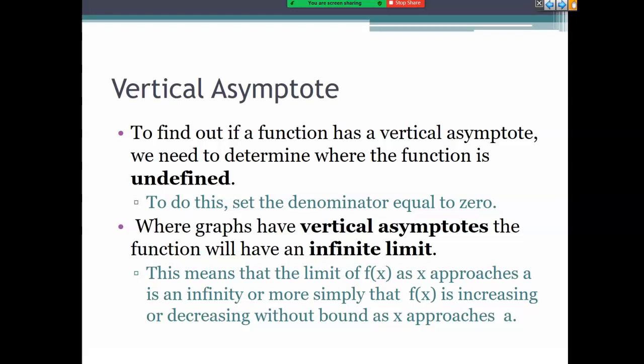Graphs have vertical asymptotes when the denominator is equal to 0, thus creating an infinite limit. Right?